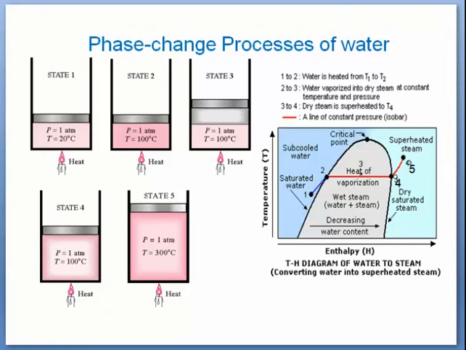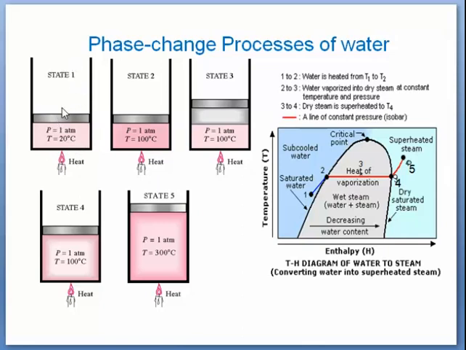We will learn how water changes its phase from liquid to vapor, or how steam is generated. Here we are taking the case of a vessel in which water is at 20 degrees centigrade under a constant pressure of 1 atmosphere.